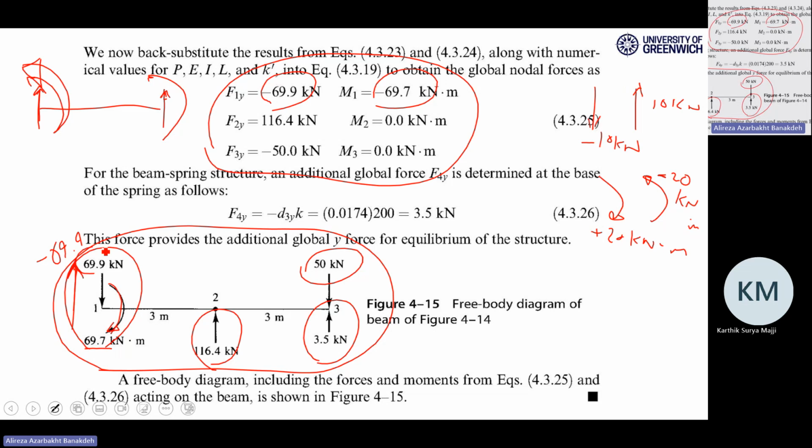It means that this 69 point something and this one and this one and this one, these 4 should sum to 0, including the directions. So for example, just to write it down, I would say 116.4 plus 3.5 minus 50 minus 69.9 should be 0. Right? I just took these two positive and these two negative.